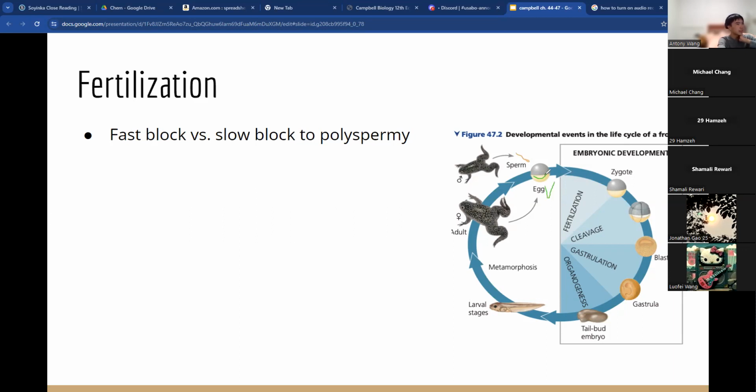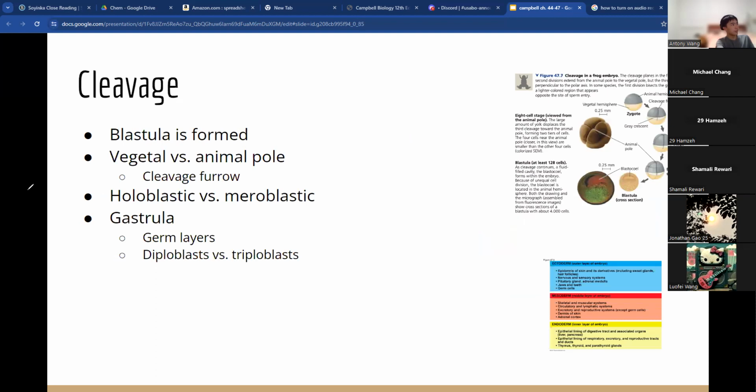And the dark gray part is A for animal, because it has no yolk. The egg is divided in half, or maybe a bit less than half, and the half with yolk is known as the vegetal pole. The half without yolk is known as the animal pole.